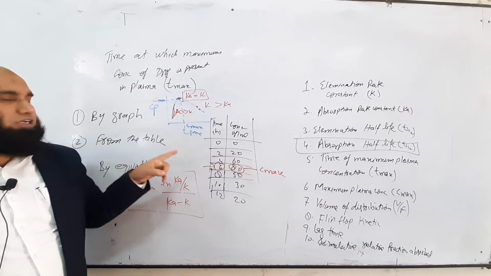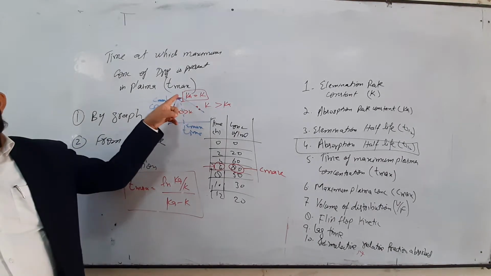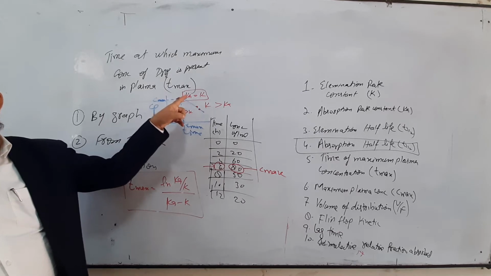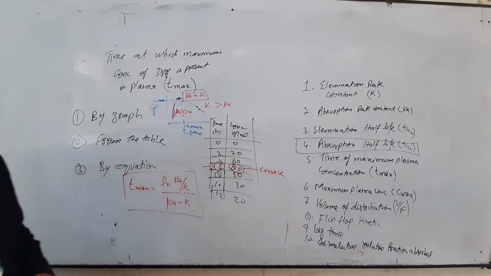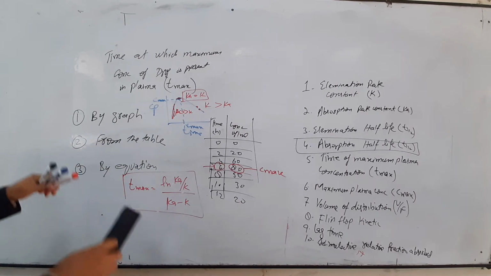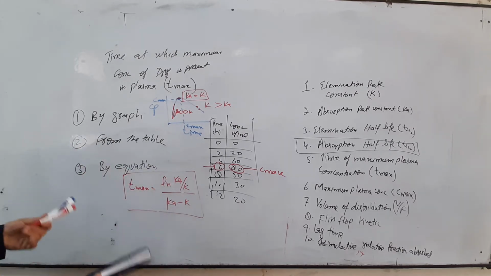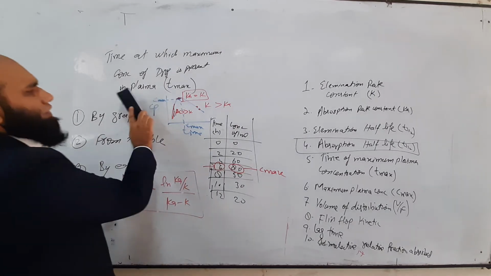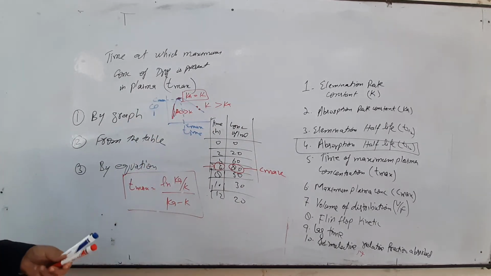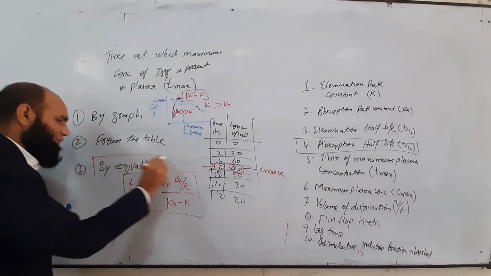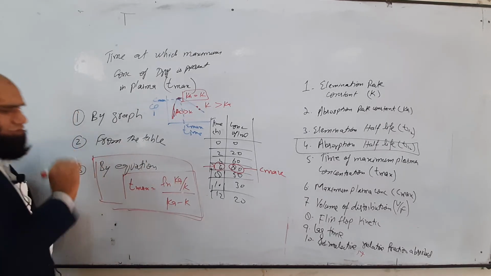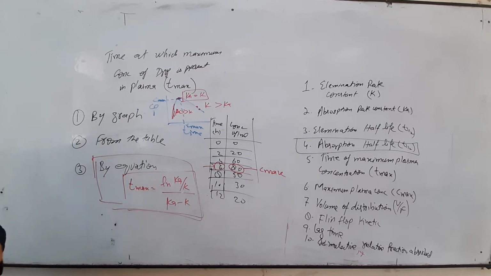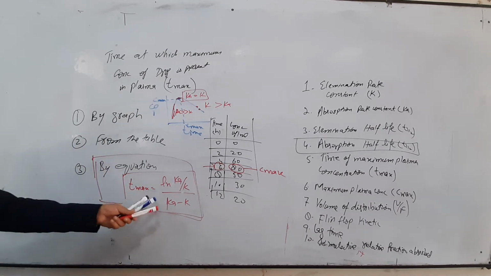We have to go towards that point where we assume that Ka is equal to K. I will write just a few words of the equation because it's a lengthy calculation. At this point, we have to get the equation: how do we get Tmax is equal to ln Ka over K divided by Ka minus K?